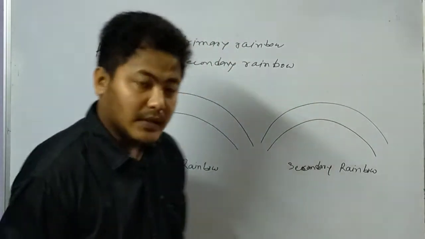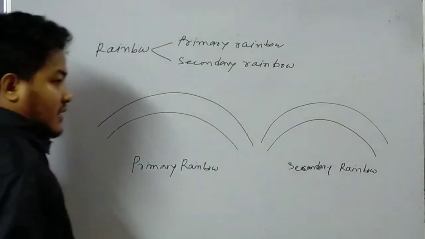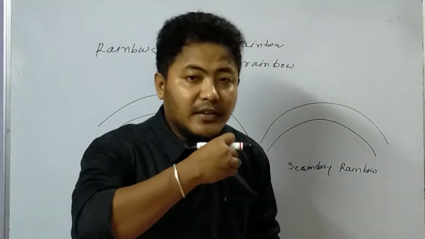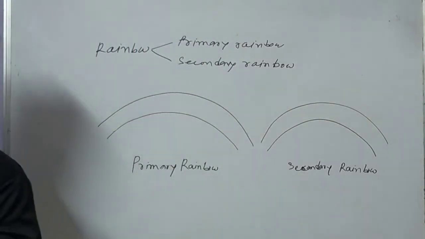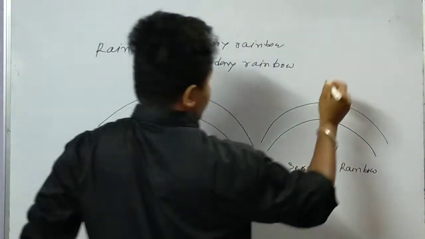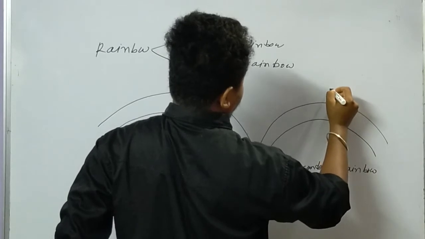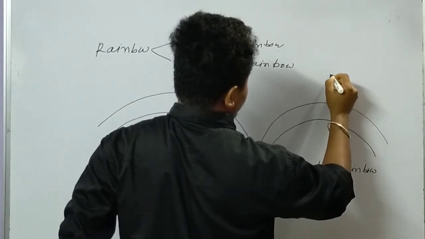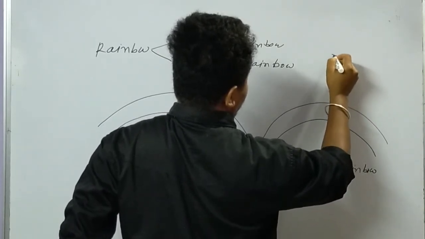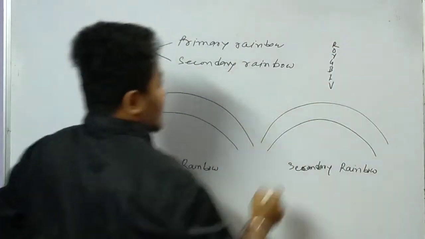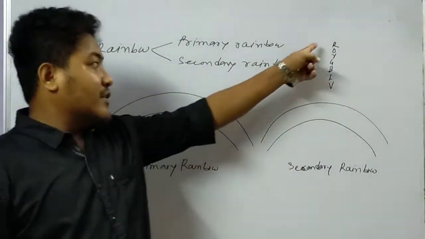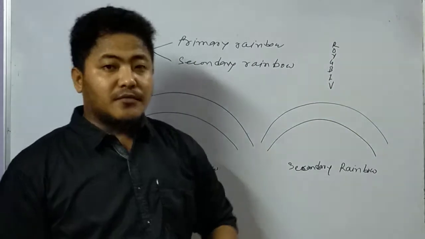Can anybody tell me? The difference lies in how the colors are arranged. In a rainbow we find 7 colors, as you know. Above is the red color and below is the violet color.